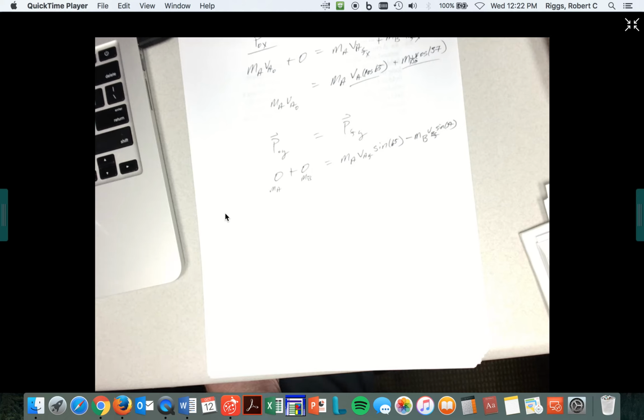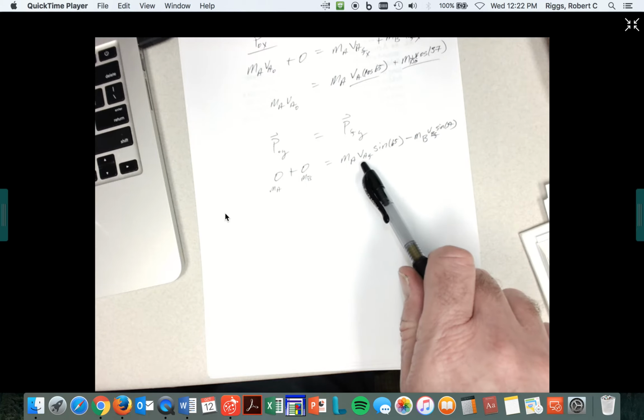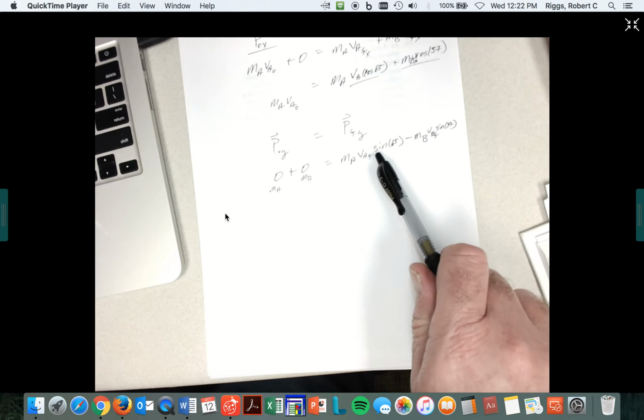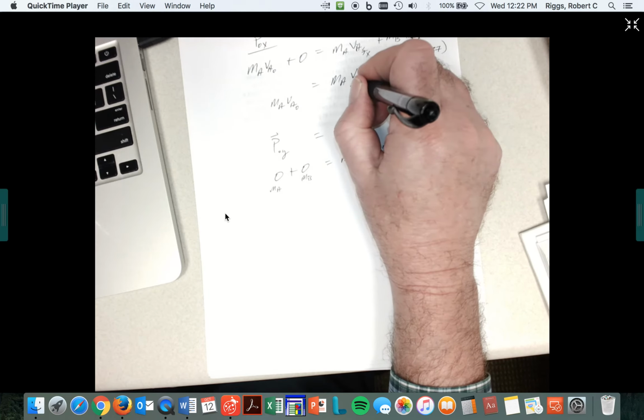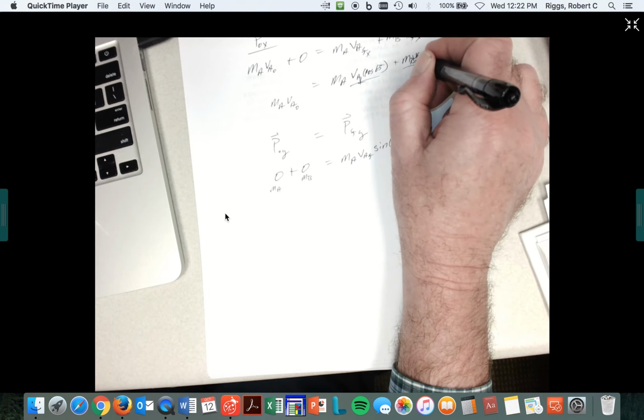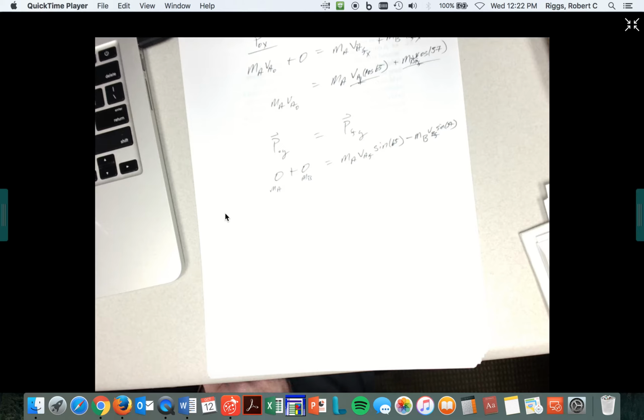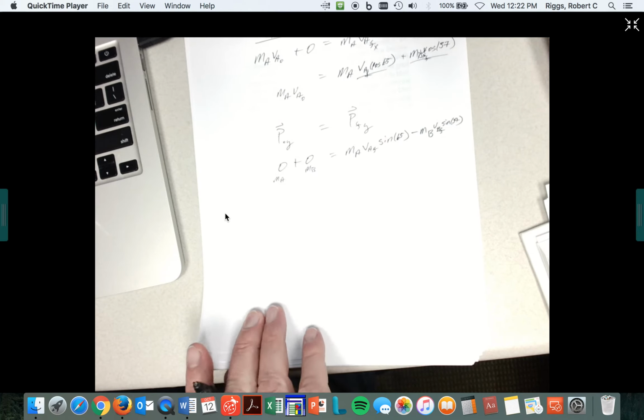Aha! Here's where I can do a substitution. Here's where I can find VA final or VB final. Solve for VA final or VB final. So here's what we'll do.